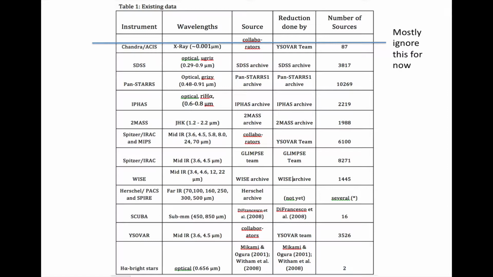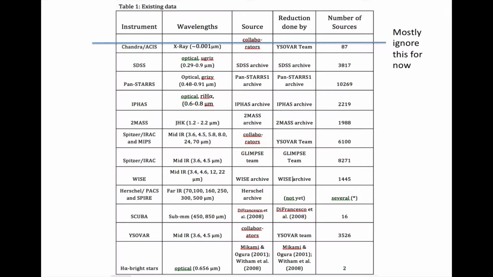Spitzer is mid-infrared and starting to go into the far-infrared, so between 3.6 and 70 microns, although I don't think we're using any 70 microns from Spitzer. There's many different sets of data from Spitzer, so that may be somewhat confusing, because there's cryo-era Spitzer, which has all of the available bands, 3.6 to 70 microns.